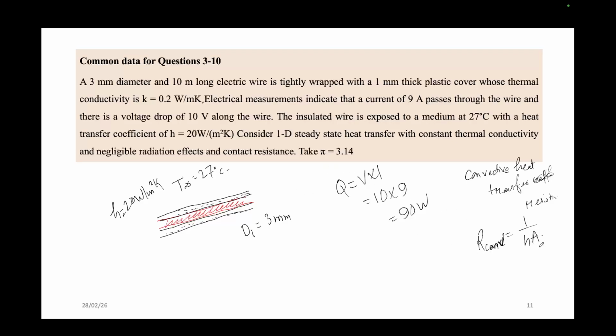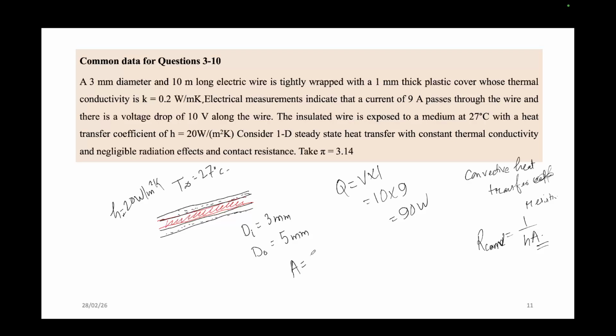Which area will be calculated here? The area means the area that is exposed to the atmosphere, that is the outer area. So the outer diameter: it has 1 mm thickness on both sides, so it will be 3 plus 2, that is 5 mm, right? So you can easily calculate the area.